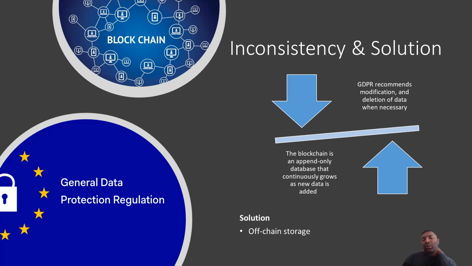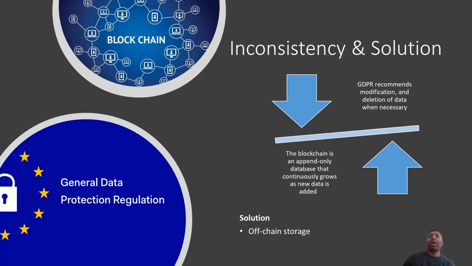And we looked at what kind of solutions are out there, and we found a solution called the off-chain solution, where most of the personal data you could keep off-chain, and then you could link the off-chain data with the blockchain.